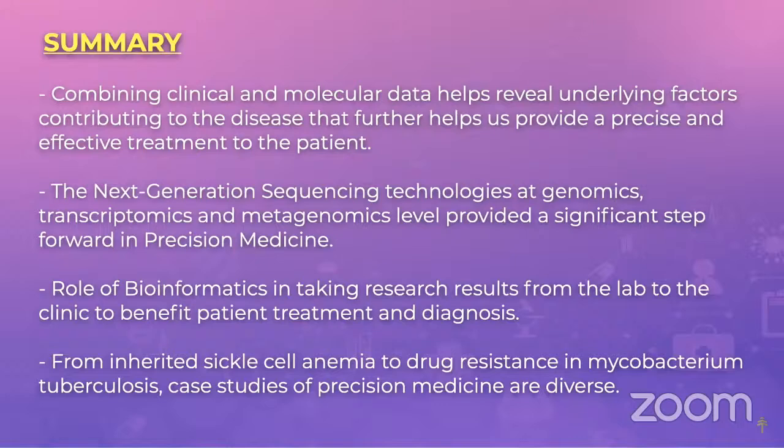We also discussed the role of bioinformatics in taking research results from the lab to the clinic to benefit patient treatment and diagnosis. Finally, we introduced a set of case studies in precision medicine, from inherited sickle cell anemia to drug resistance in Mycobacterium tuberculosis.